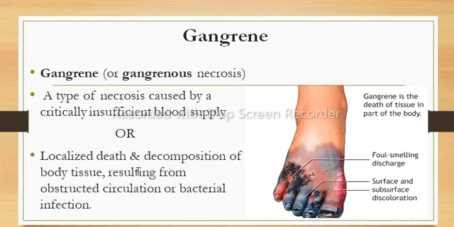In other words, we can say tissue death due to loss of adequate blood supply. Sometimes bacteria invade such tissue and accelerate its decay. It is characterized by foul-smelling discharge, surface and subsurface discoloration, usually in lower extremities.